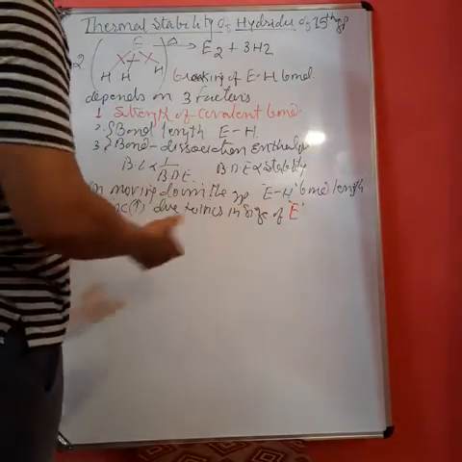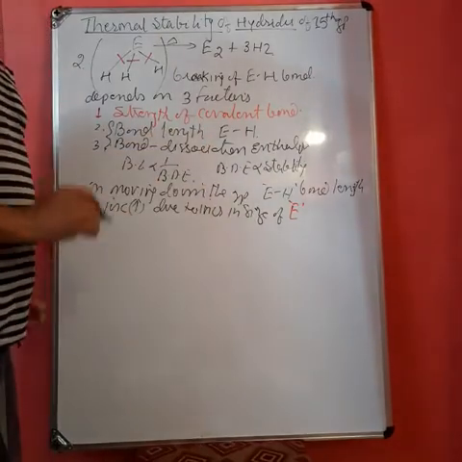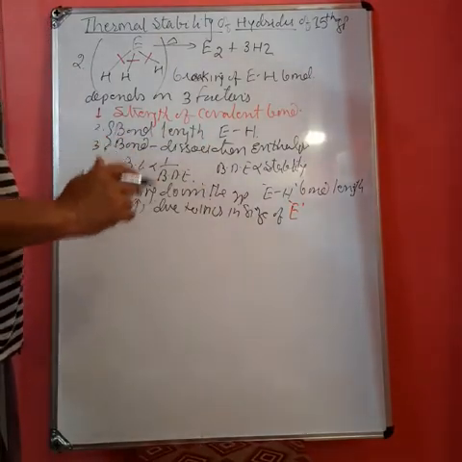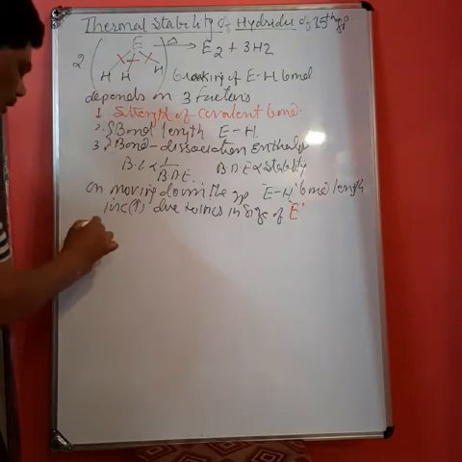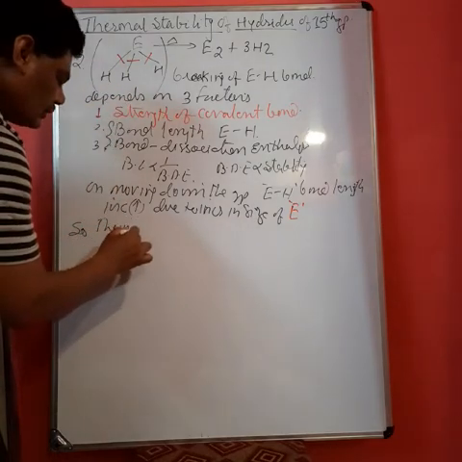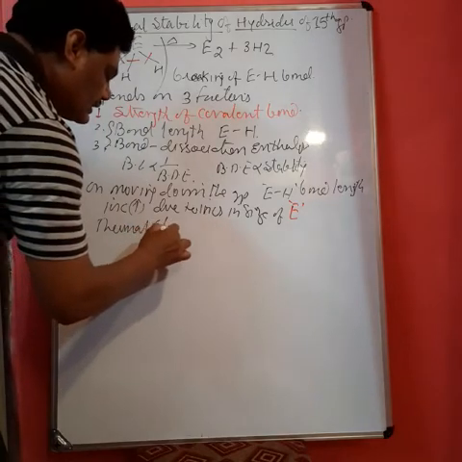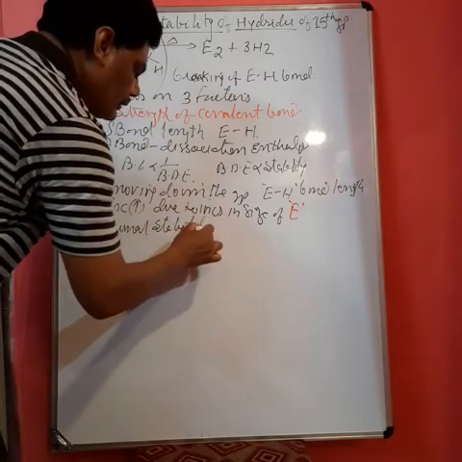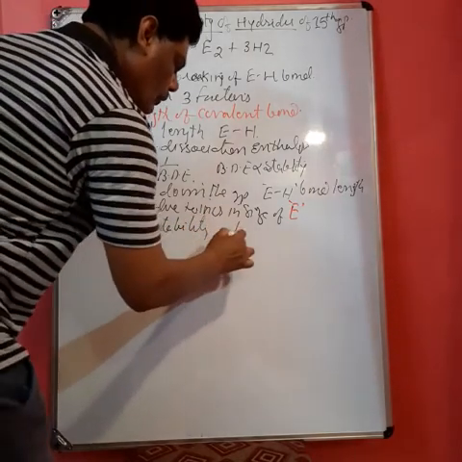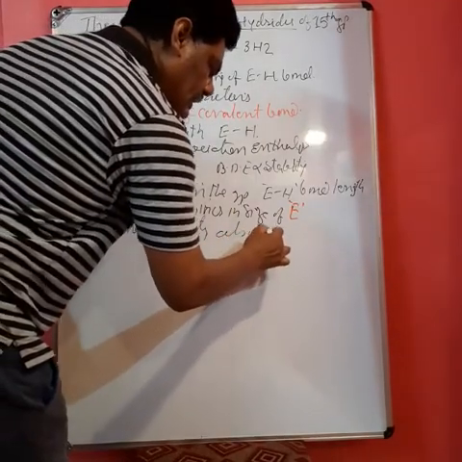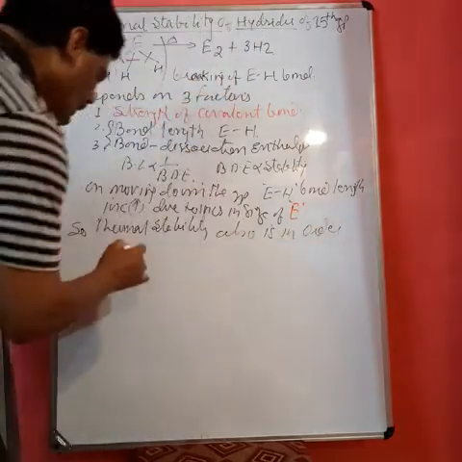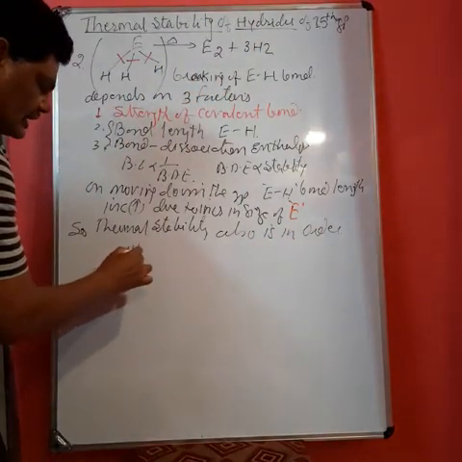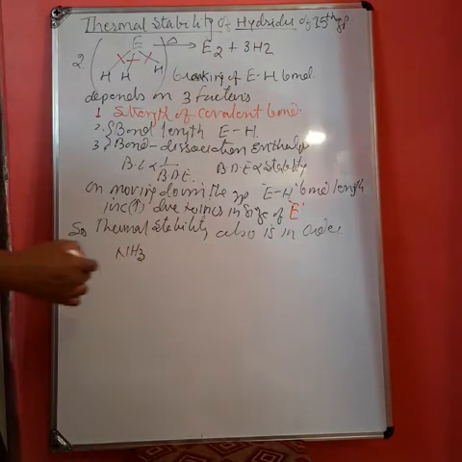Hence bond dissociation enthalpy decreases, so thermal stability also decreases in this order. Now in NH3, the bond length is very short, so its thermal stability is very high.